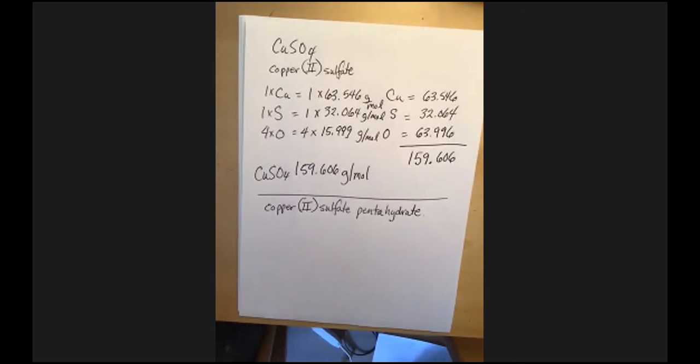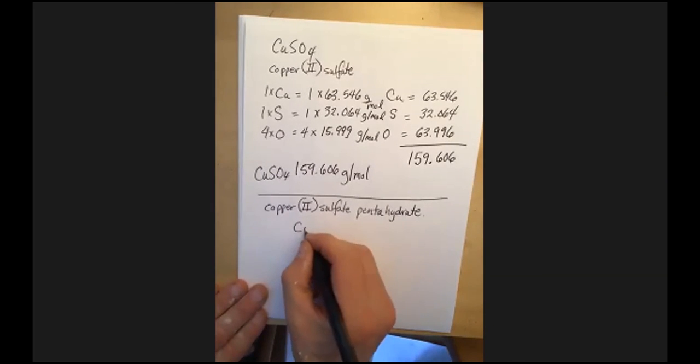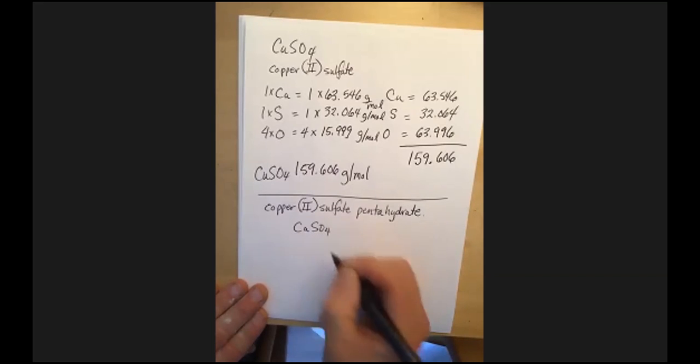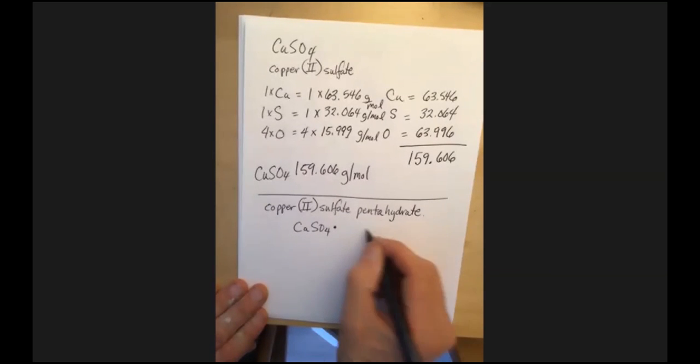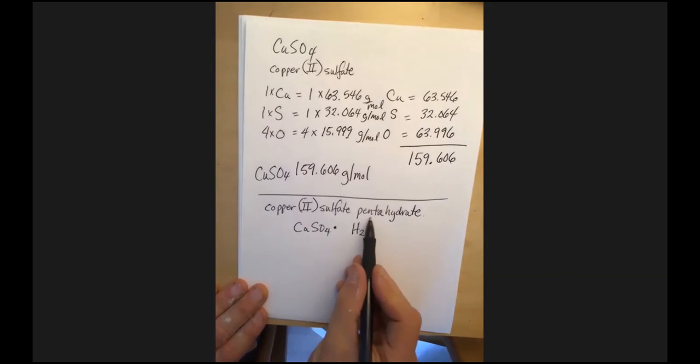And all that really means is that we've got a copper sulfate molecule, and it has attached to it some water molecules. In this case, the number is 5 of them.